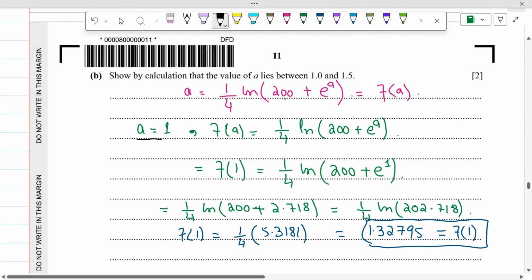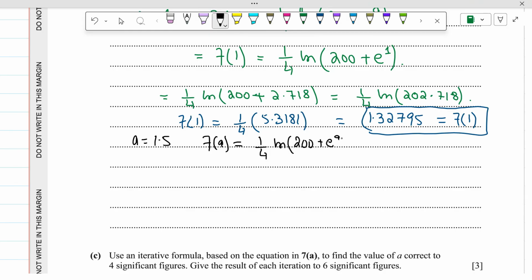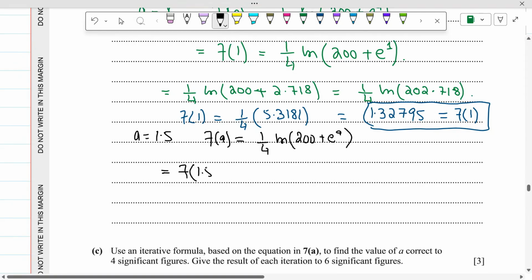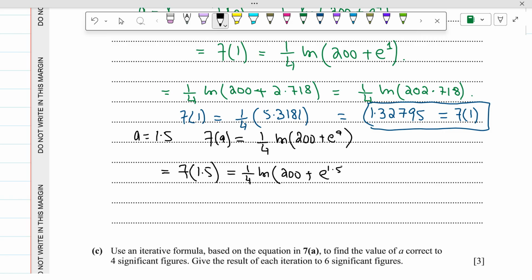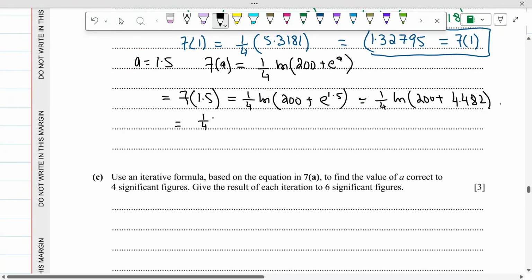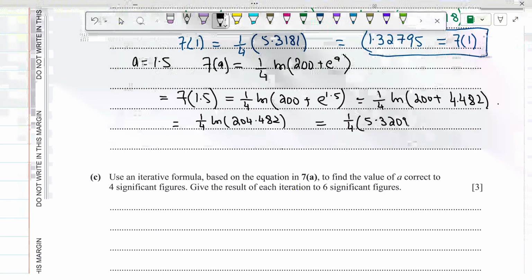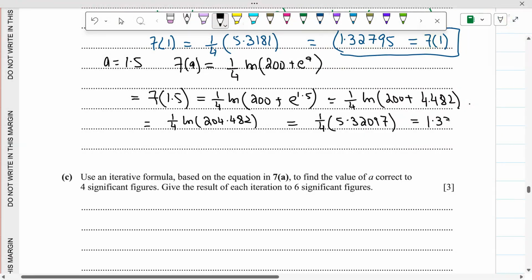Now plug in a equal to 1.5. So f of a is equal to 1 over 4 ln of (200 plus e^a), and this is f of 1.5, which is 1 over 4 ln of (200 plus e^1.5). e^1.5 is 4.482, so this is 1 over 4 ln of 204.482, which is 1 over 4 of 5.32097, which is 1.33024.